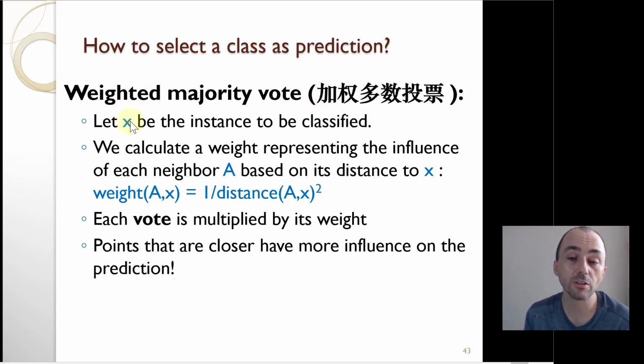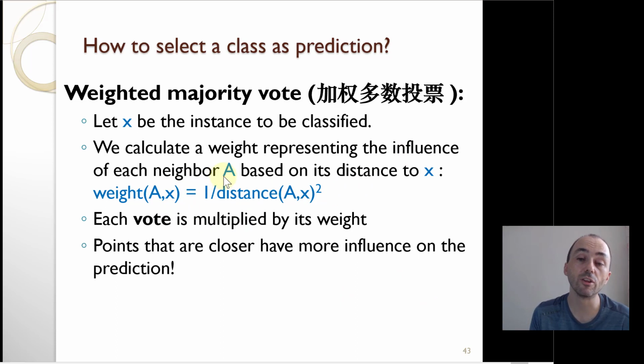So we have some instance x we want to classify. For all the neighbors, we calculate a weight that indicates the influence. If the neighbor is closer, it will have a more important vote, and if it is farther, the vote will be less important.